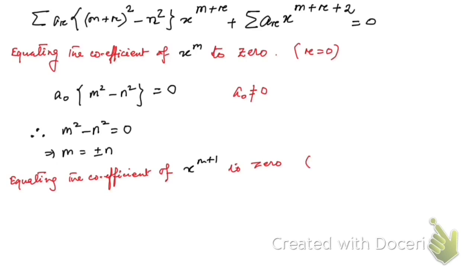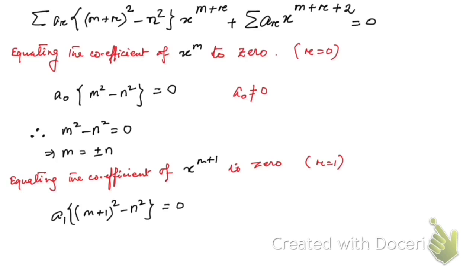Here we're going to put r is equal to 1. If we do so, then we will get m plus 1 whole square, right? So that's why a1, this r is now 1, a1 times m plus 1 whole square minus n square is equal to 0.